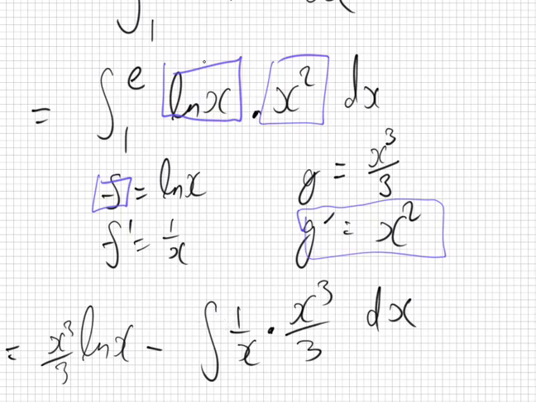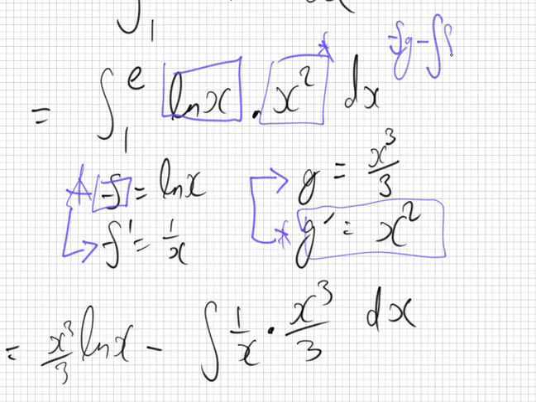You call the first piece f, and then you calculate its derivative. You call the second piece g derivative, and you calculate its antiderivative to give you the g. And the formula, what's the formula? f g minus integrate f derivative g. It's always like this. And what rule do I use to check the order? L-I-A-T-E.